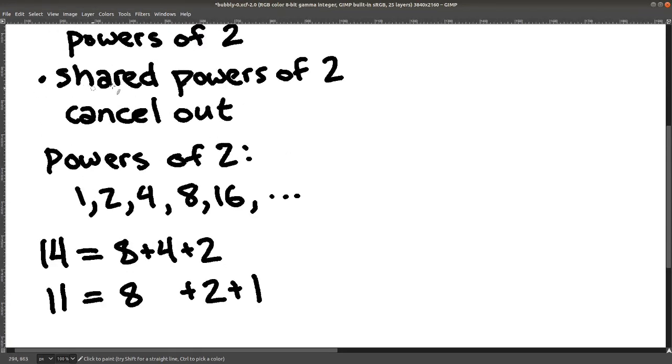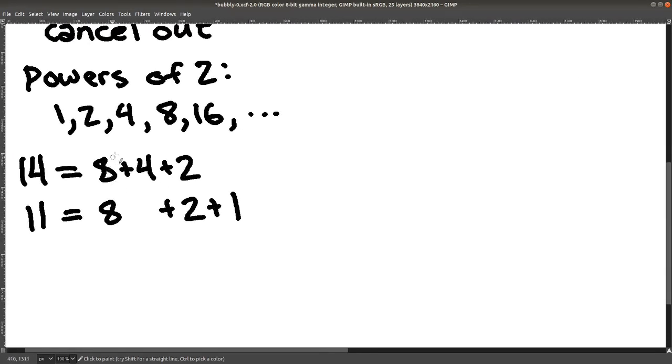And now shared powers of 2 cancel out. The shared powers of 2 here are 8 and 2. So those cancel out, and we're left with any power of 2 that only appears in one or the other. So 4 plus 1. And this is 5.